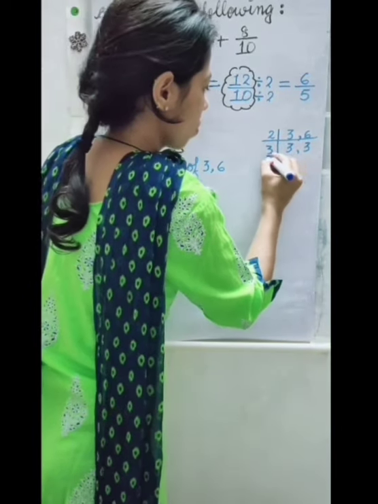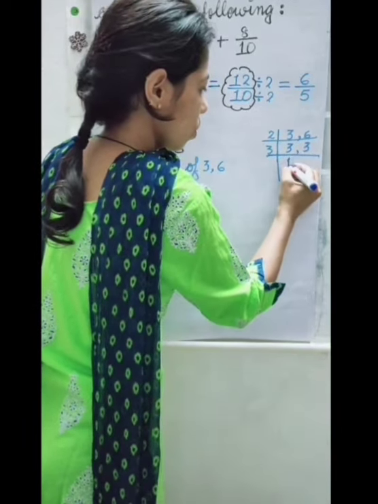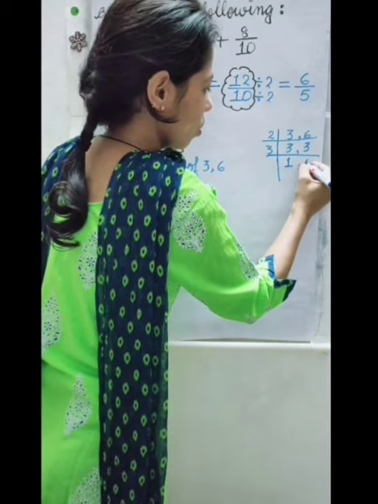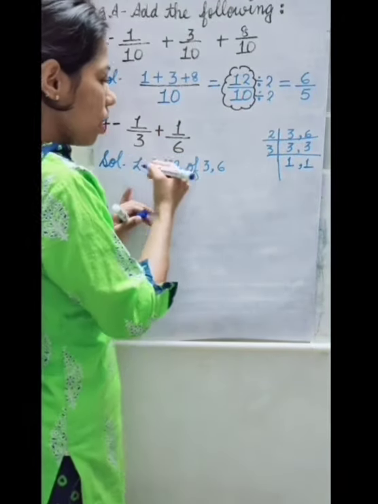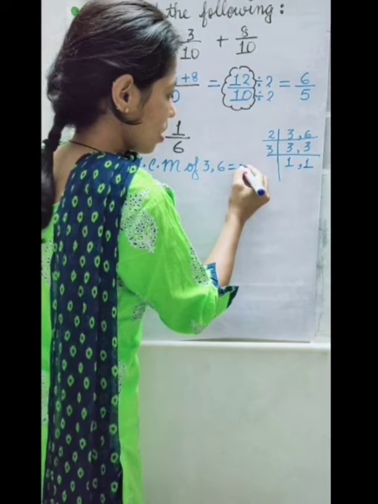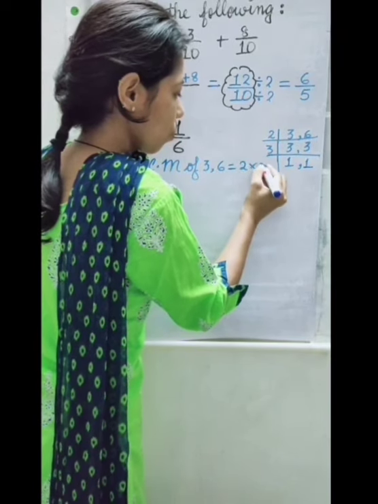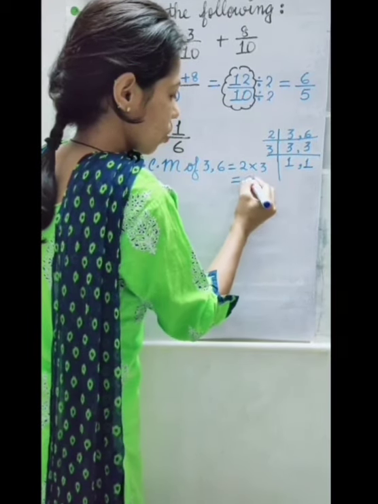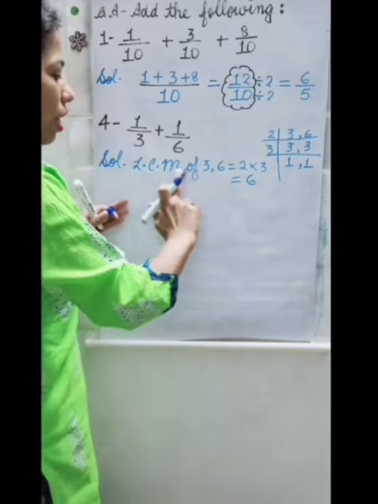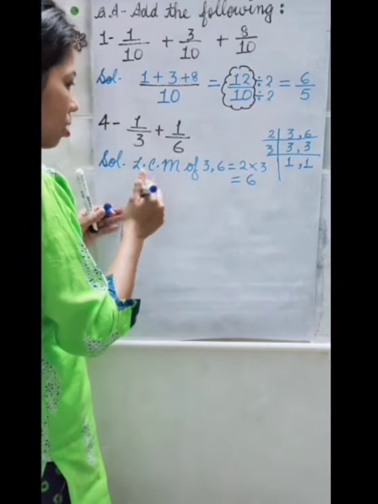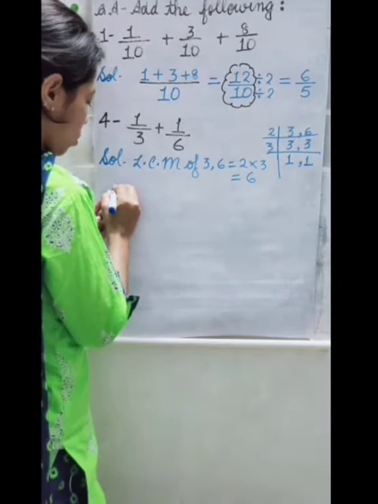Now 3 1s are 3 and 3 1s are 3. So the LCM of 3 comma 6 is equal to 2 into 3, which equals 6. So the LCM of 3 and 6 is 6.